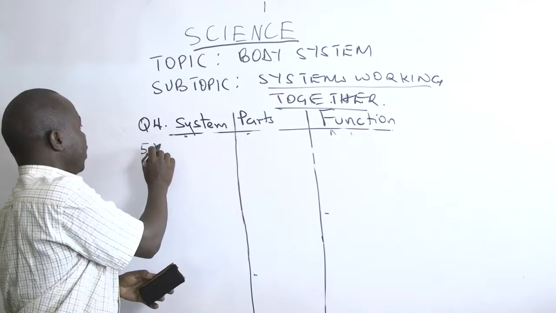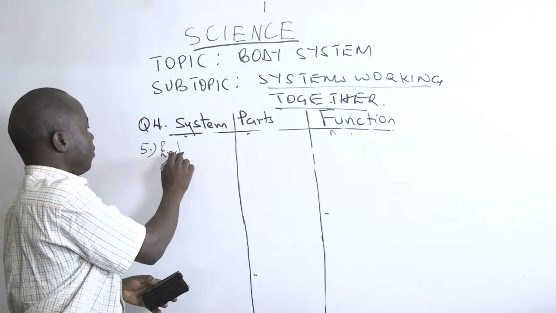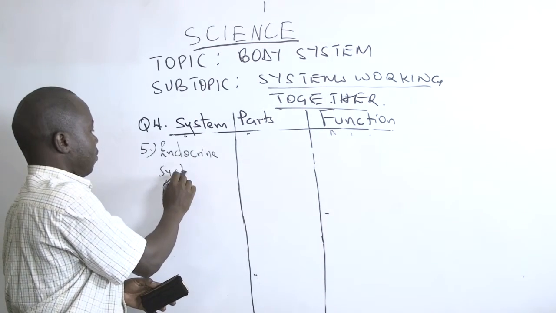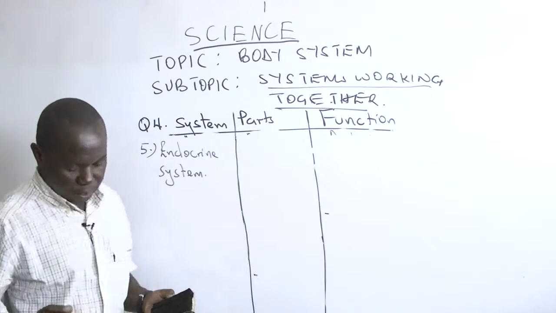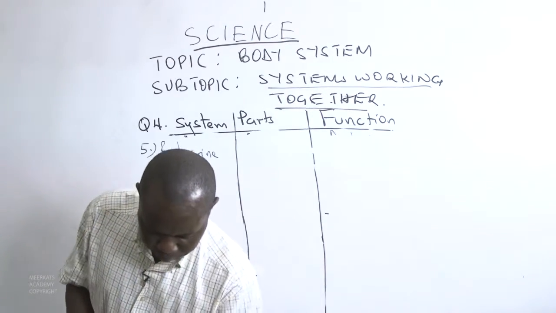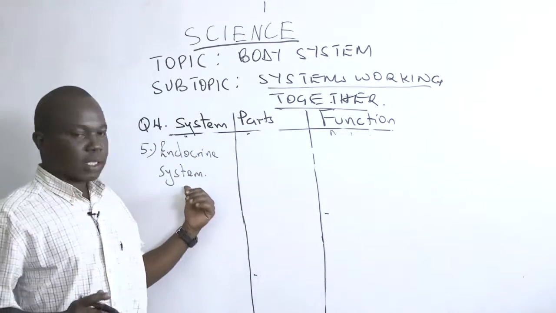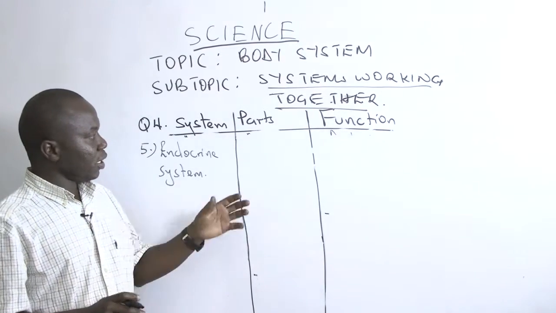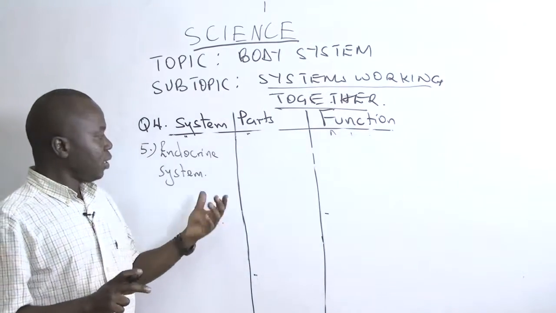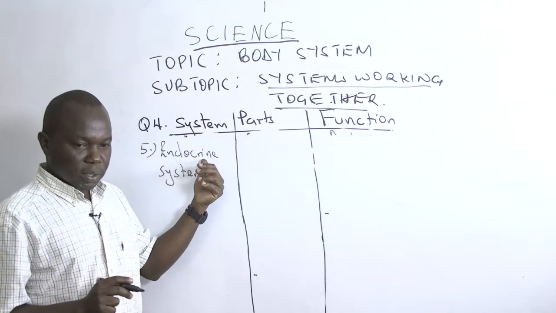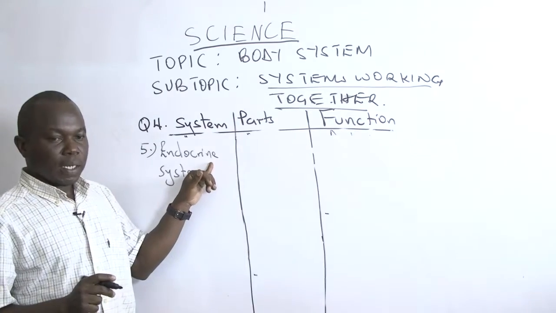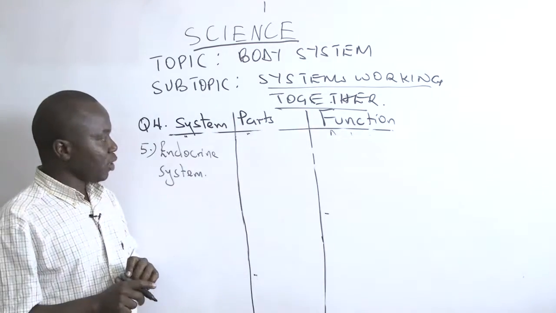Number 5, the endocrine system. We said the endocrine system is also a means of communication in the body, such that if there are changes in the body, it is going to respond, and then it will lead to some changes in the activities of the body.